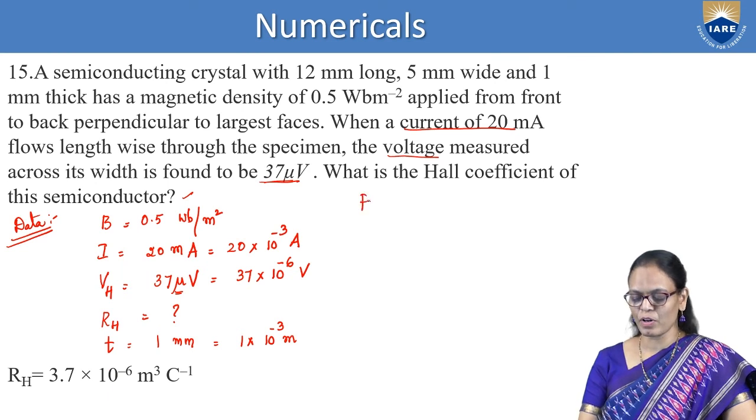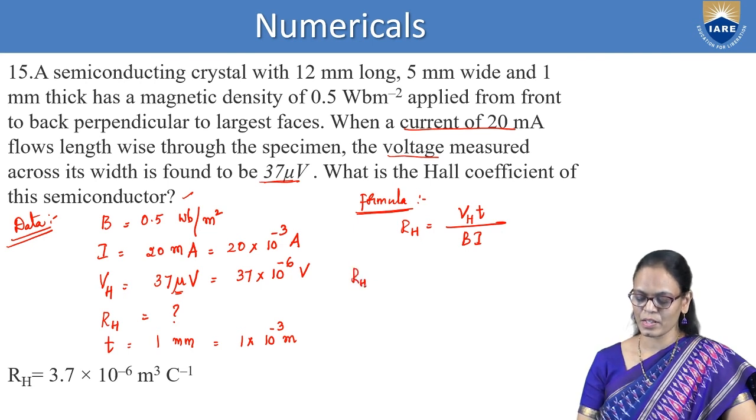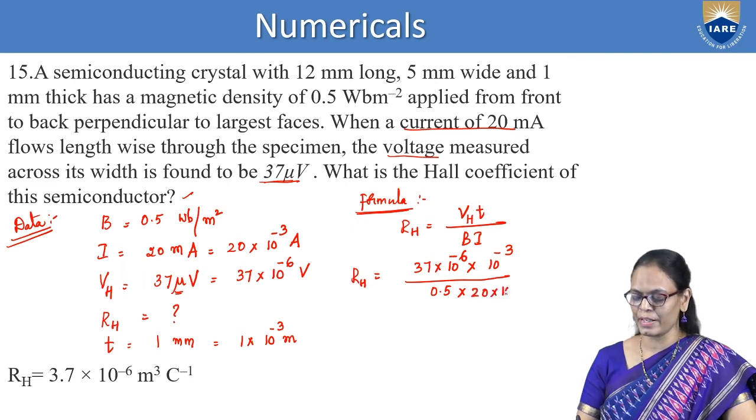So let us write the formula. RH is equal to VH into t upon B into I. So RH is equal to, what is the value of VH? 37 into 10 power minus 6 after converting it into volts. And the thickness in meter is 10 power minus 3, upon the magnetic field 0.5 and the current 20 milliampere.